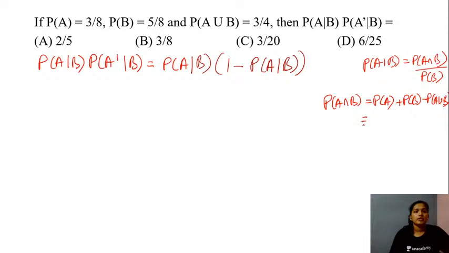So substituting the values, you have 3 by 8 plus 5 by 8 minus 3 by 4. Right? 3 by 8 plus 5 by 8 is 8 by 8, which is 1, minus 3 by 4.